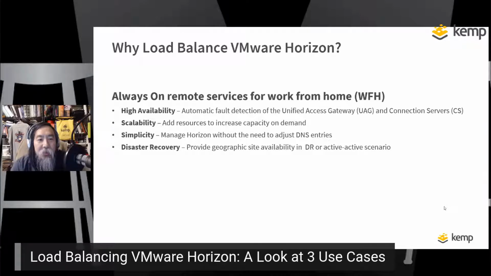And we want to do this load balancing because, number one, we want high availability. We want to make sure that these services are always available. We don't want any downtime. So we want that automatic fault detection of the unified access gateway, and we'll talk about the architecture in 1 second, and the connection servers that are part of the architecture for VMware Horizon.